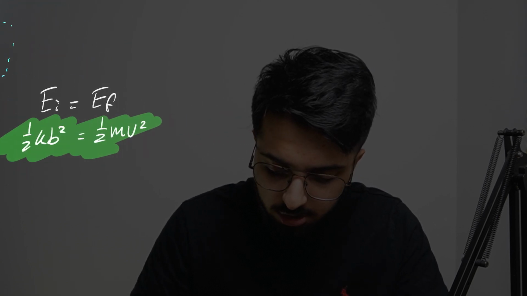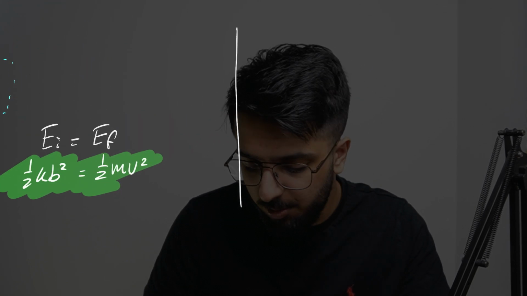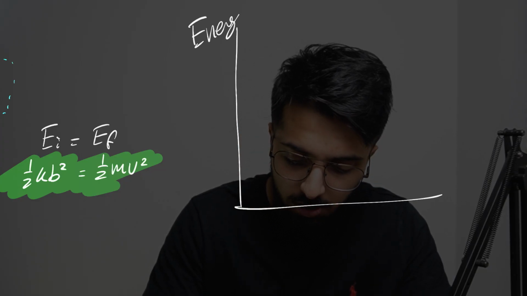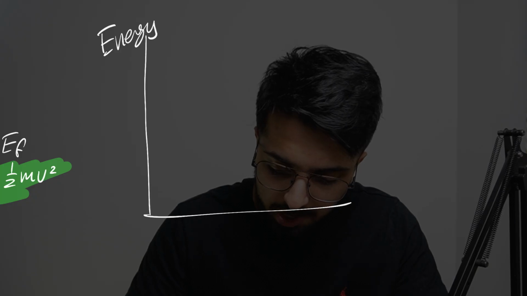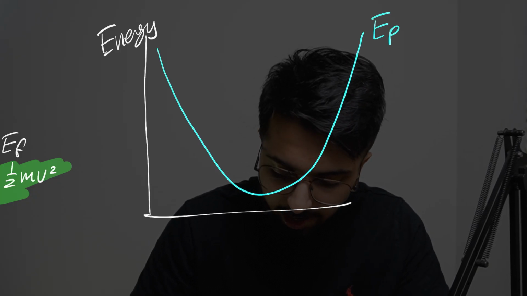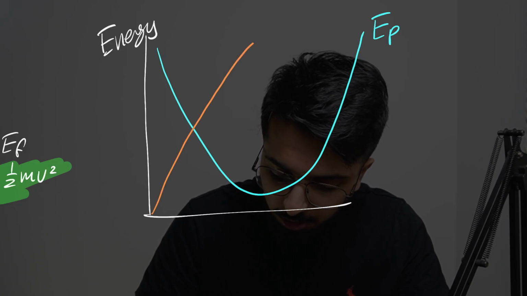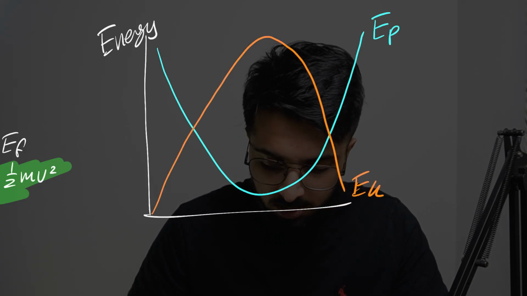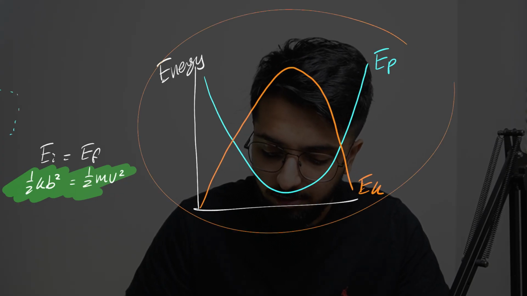And so like I said, this is just going to oscillate back and forth. And so if we were to just graph this for a second, we have our energy on this axis, right? And then we can have our elastic potential energy, and our kinetic energy is going to follow the opposite relationship to that, right? So we should know this from our regular NCEA.